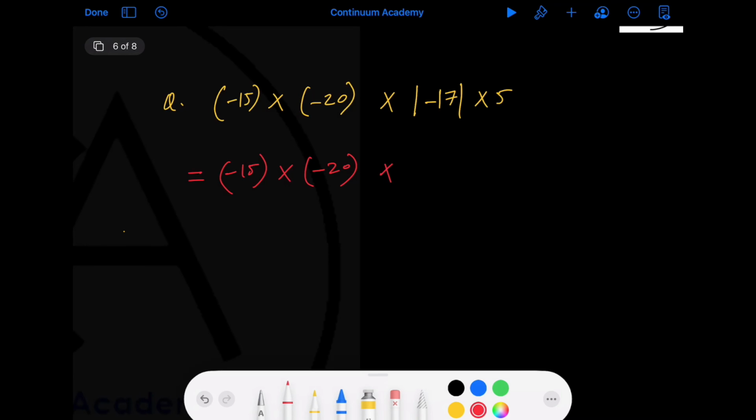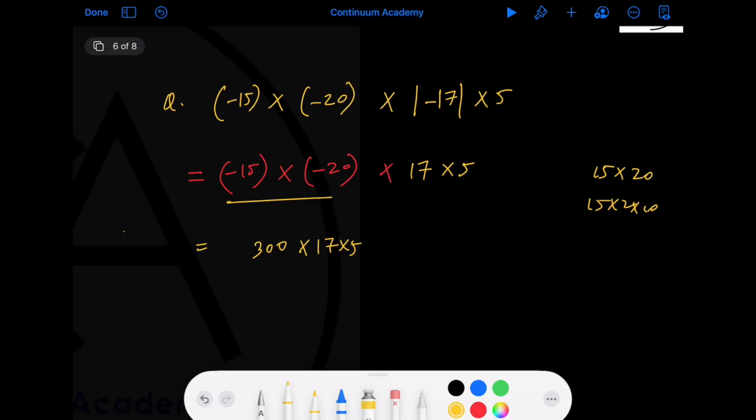If I operate the mod, mod of minus 17 is 17 into 5. First of all, multiply this one: minus into minus will be plus, minus into minus is plus. So 15 into 20, and minus minus becomes plus. So 15 into 2 into 10. 2 into 15 is 30, 30 into 10 is 300, 300 into 17 into 5.